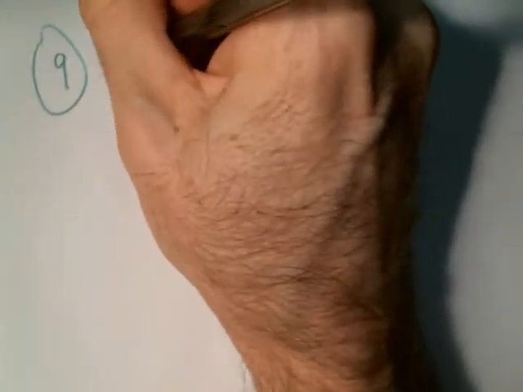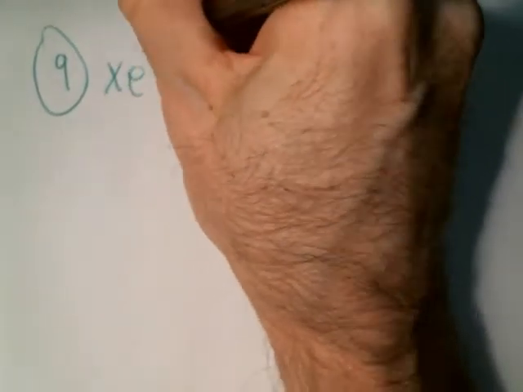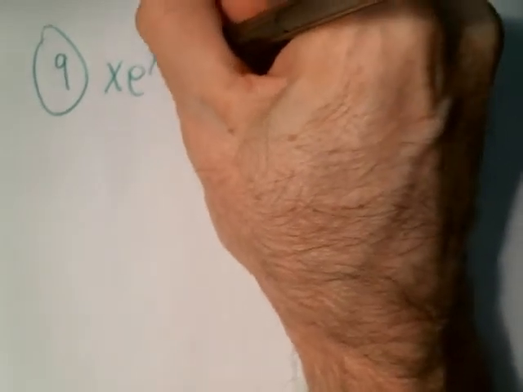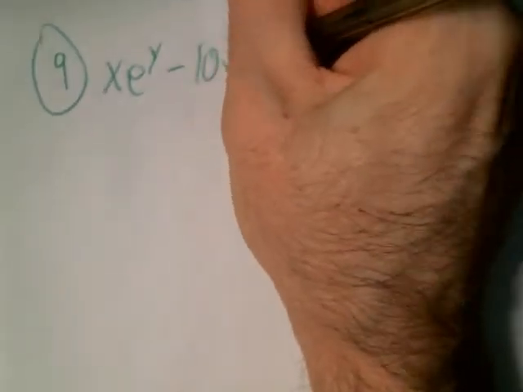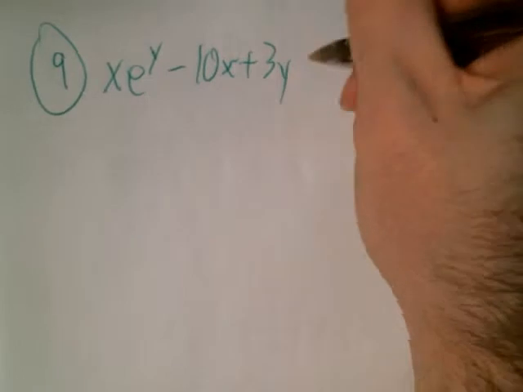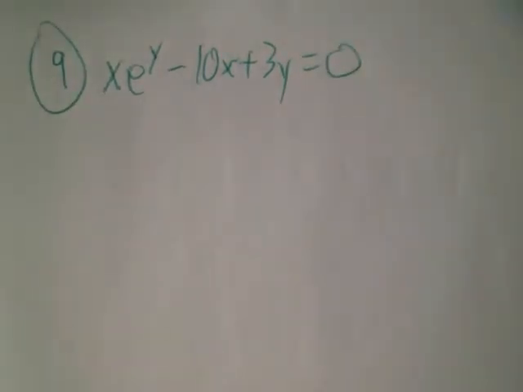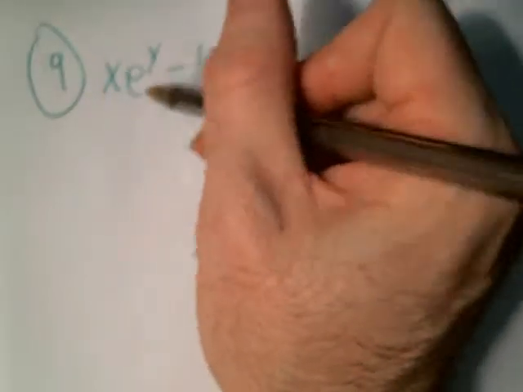Okay, so anyways, let's look at number 9 and take its derivative implicitly and then get a formula. We have x e to the y minus 10x plus 3y equal to 0, and we want to find a formula for y prime. Okay, here I go. First, take the derivative of this.